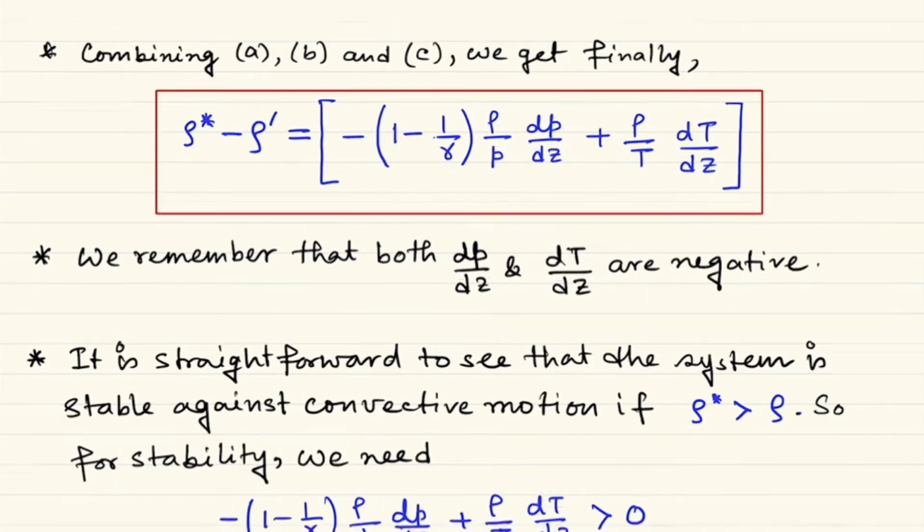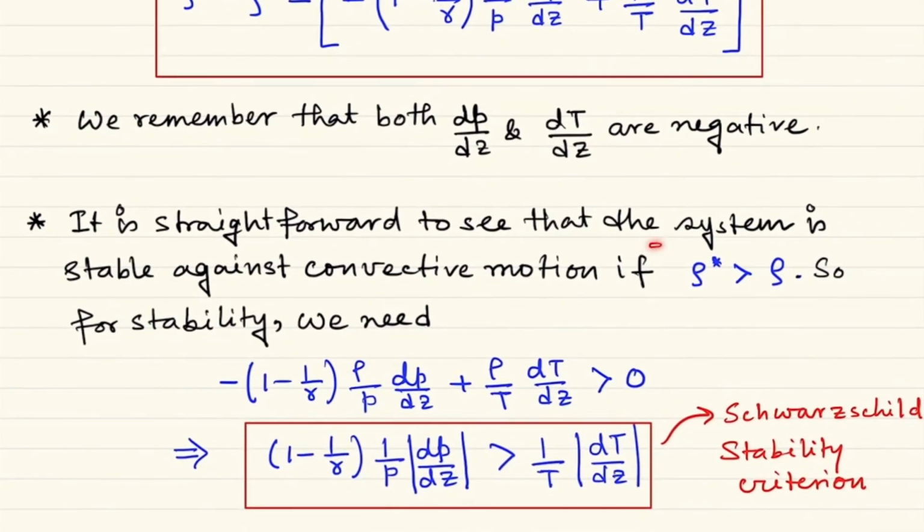So the system is stable against convective motion if rho star is greater than rho prime. Of course, when the particle is displaced a bit vertically upward and continues going upward, the system will become convective. But if the system is displaced infinitesimally and it comes back, then the system is convectively stable. That is the condition where rho star should be greater than rho prime.